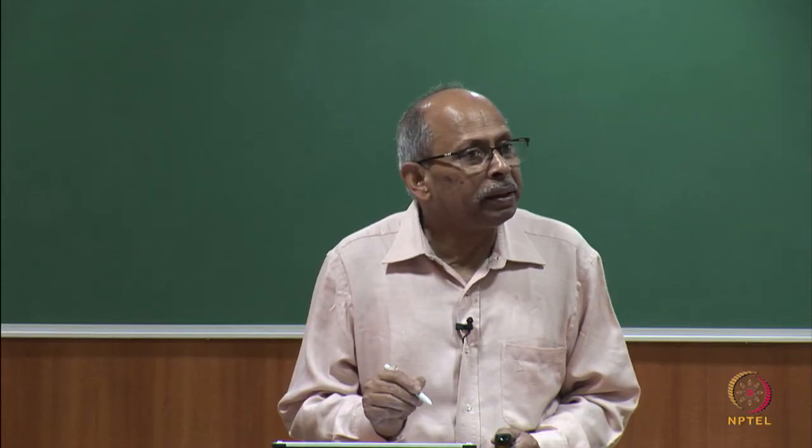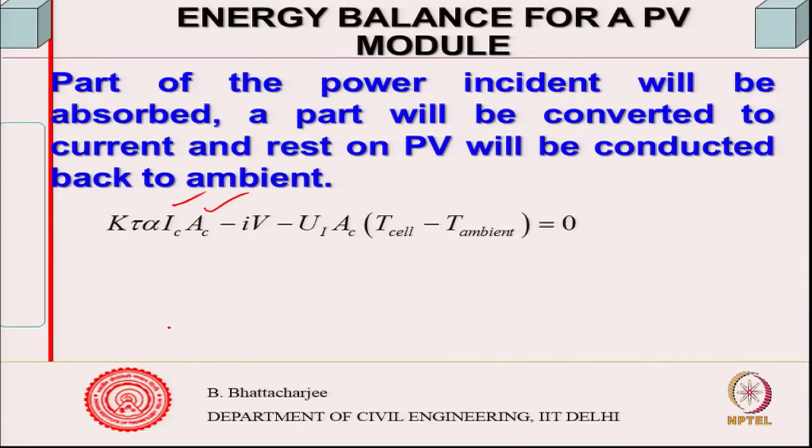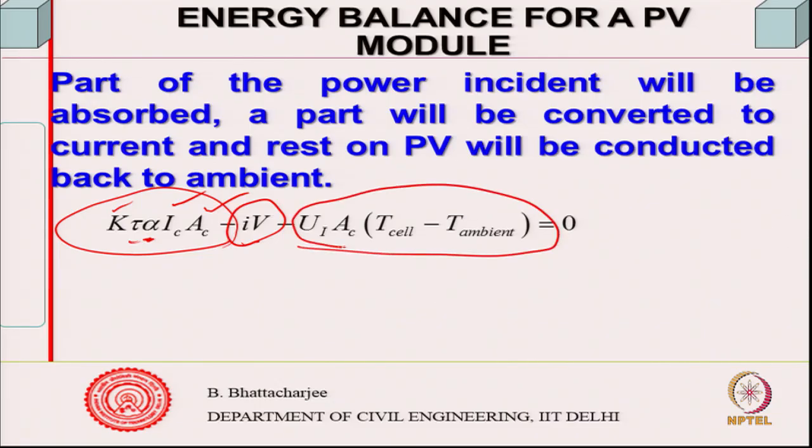This is the incident radiation, this is the area of the cell, alpha is the absorptivity, tau is a term, this is what actually net is coming, and k is a factor for angle. This is the power generated, photovoltaic power generated, and this is what is lost to the ambient. This is the U value of the cell. So, if it gets heated up, the cell temperature will become higher, which is actually an unknown for us, and the ambient is known to us.